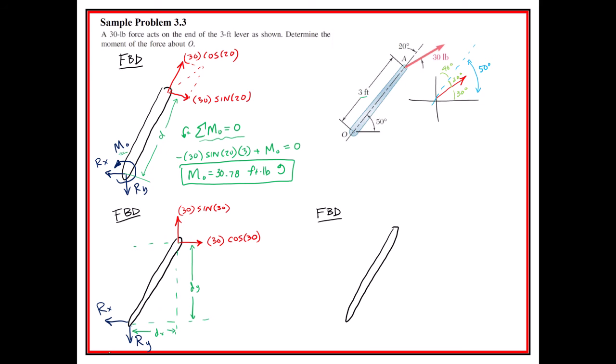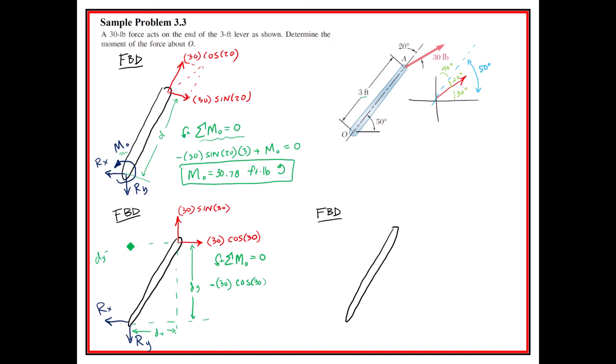So what we would say now is the sum of the moments about O. We would say, okay, I take a look at this 30. It's going to be negative 30 times the cosine of 30. This distance right here, that dy, maybe I want to write this over to the side somewhere.